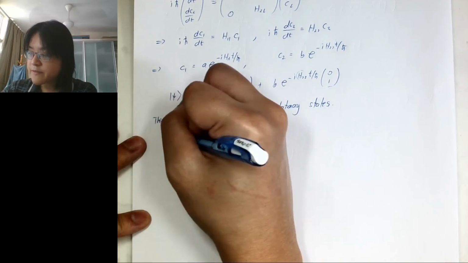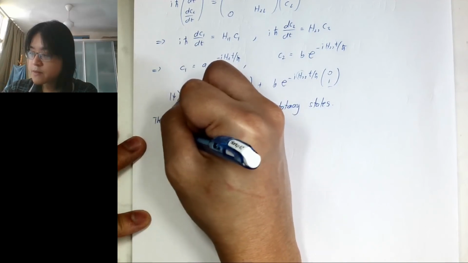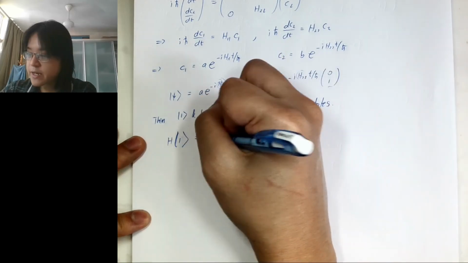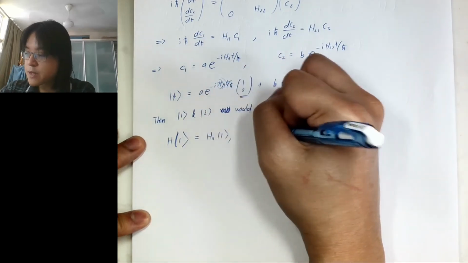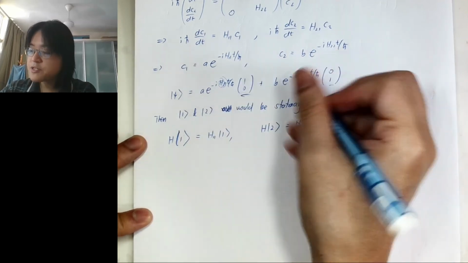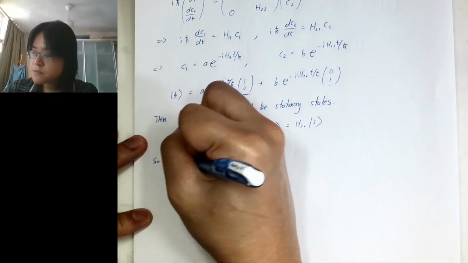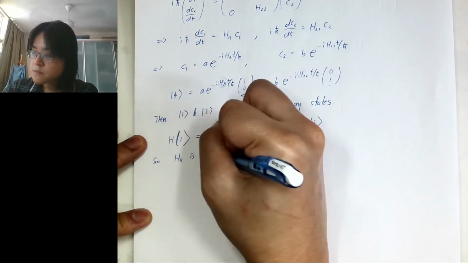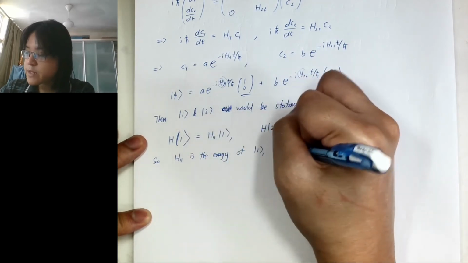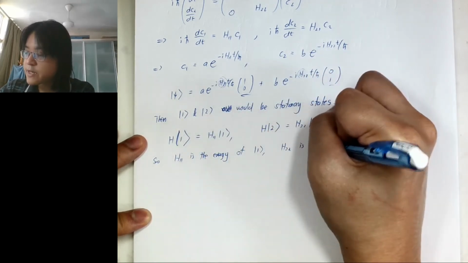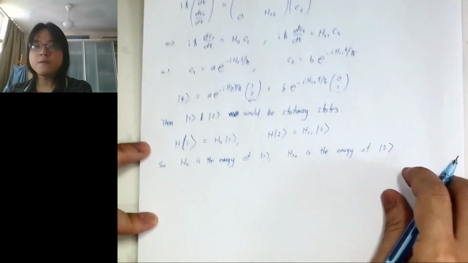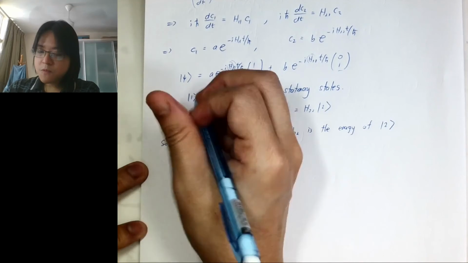If I apply the Hamiltonian to state 1 and work out the multiplication, I get H11 times state 1, and if I apply the Hamiltonian to state 2, I get H22 times state 2. So H11 is the energy of state 1, and H22 is the energy of state 2.